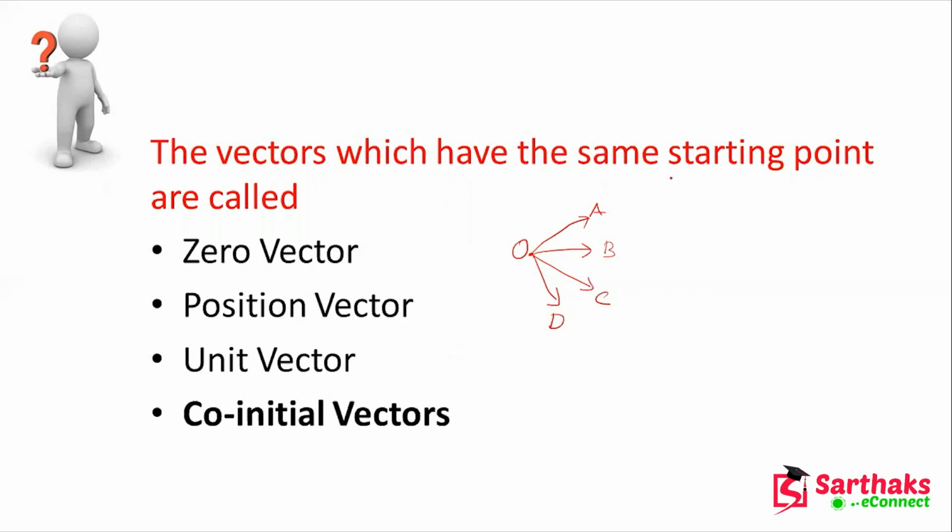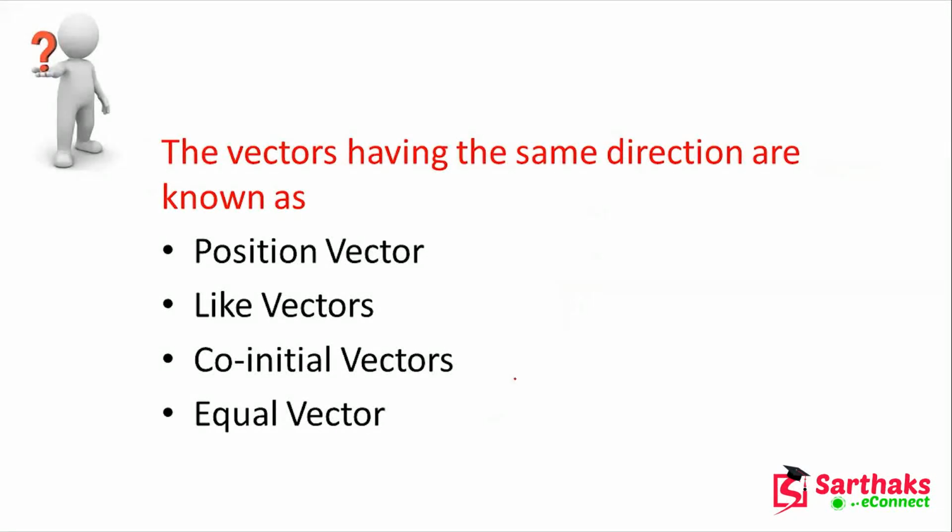If the starting point or initial point is the same, then they are co-initial vectors. The vectors having the same direction are known as like vectors.